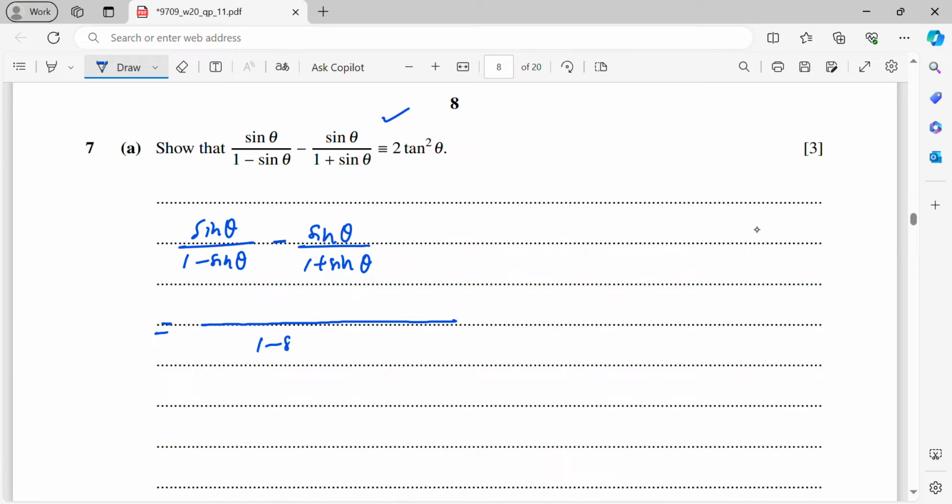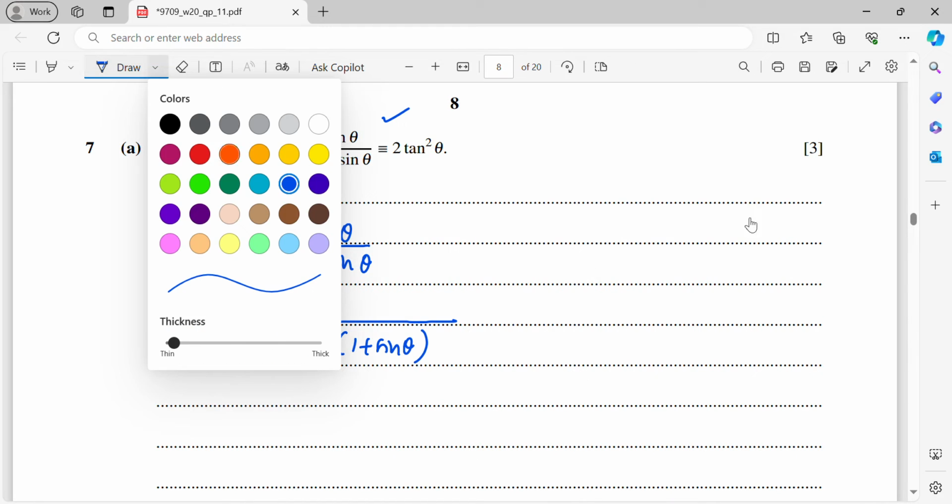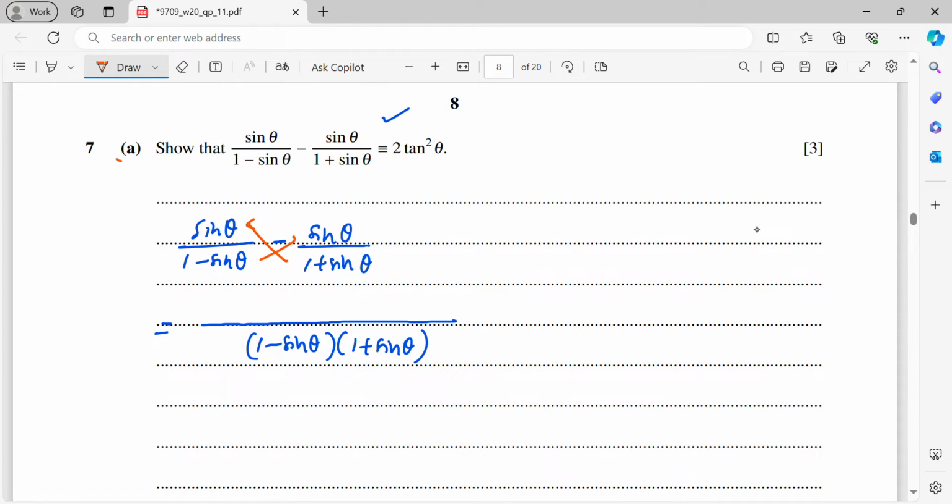It will be 1 minus sine theta multiplied with 1 plus sine theta. So it looks like cross multiplication. So then I will be getting sine theta multiplied with 1 plus sine theta, then minus sine theta multiplied with 1 minus sine theta. Now from here, just do expansion.